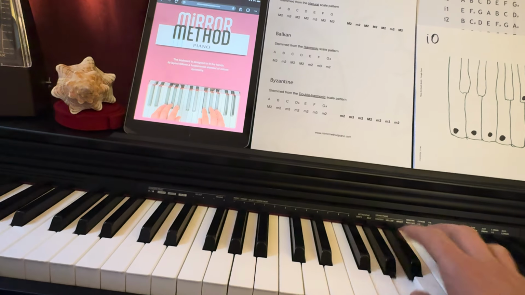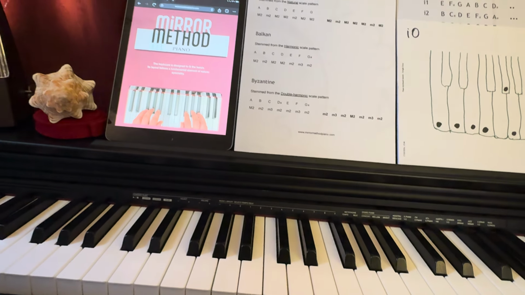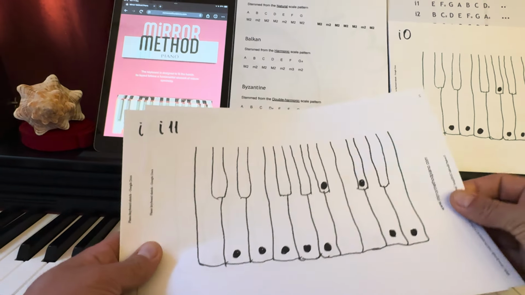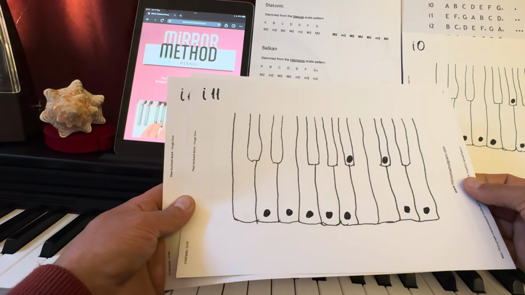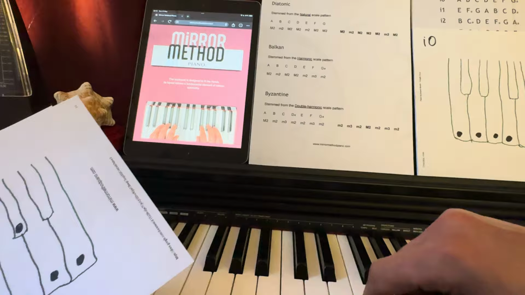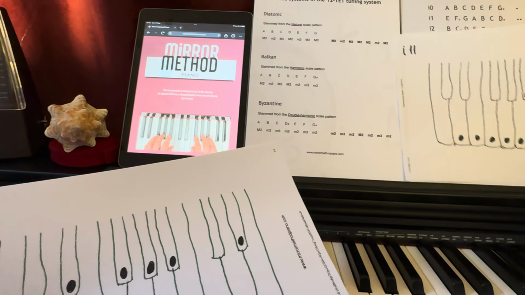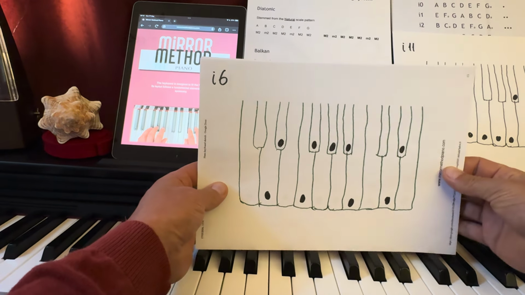Up to there isn't much exoticism happening. But yeah, this would be a better example of illustrating the so-called double harmonic minor. But in the same scale system, this is actually the cuter one.